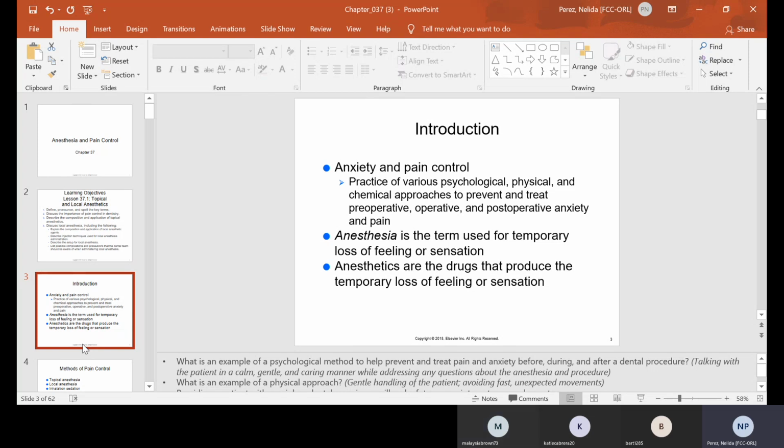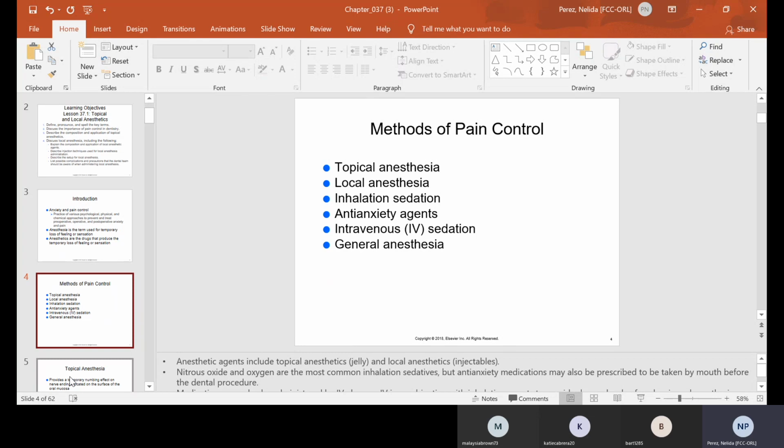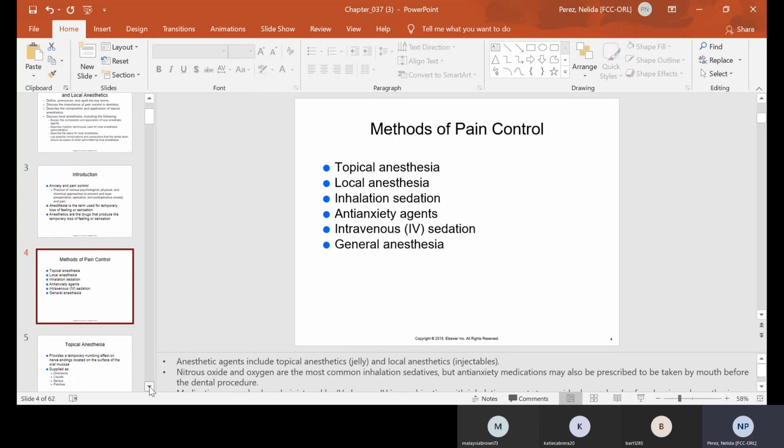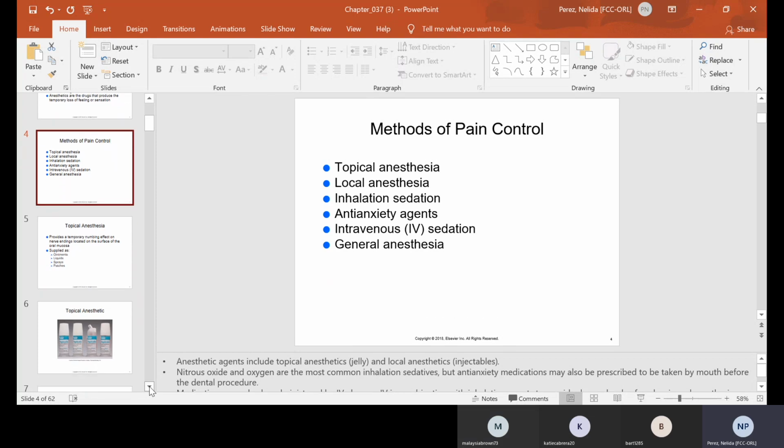Anesthesia is the term used for temporary loss of feeling or sensation. Anesthetics are the drugs that produce the temporary loss of feeling or sensation, and there are different methods of pain control that we use in the office. Topical anesthesia, local, inhalation sedation, anti-anxiety agents, intravenous sedation, and general.